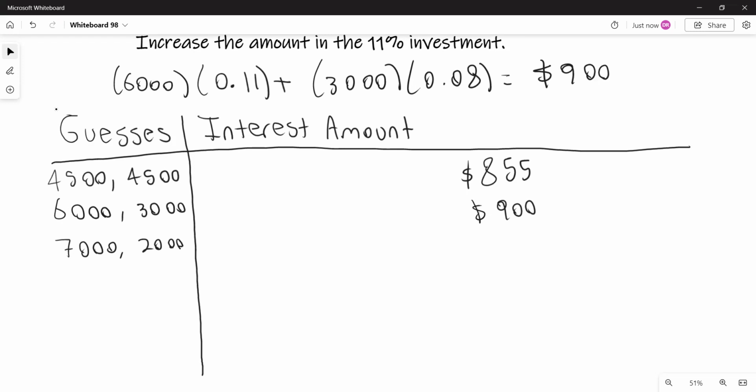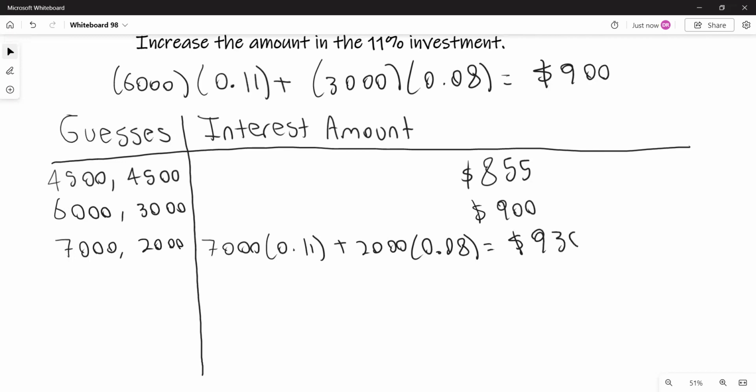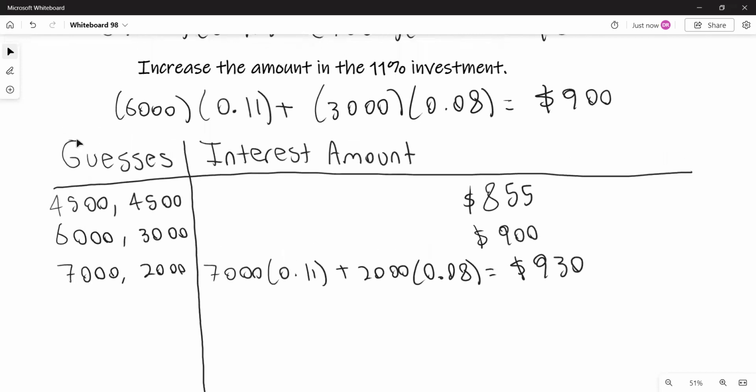Okay, so 7,000 at 11% plus 2,000 at 8%. And the interest amount is 930. Okay, so we are getting close to 936.